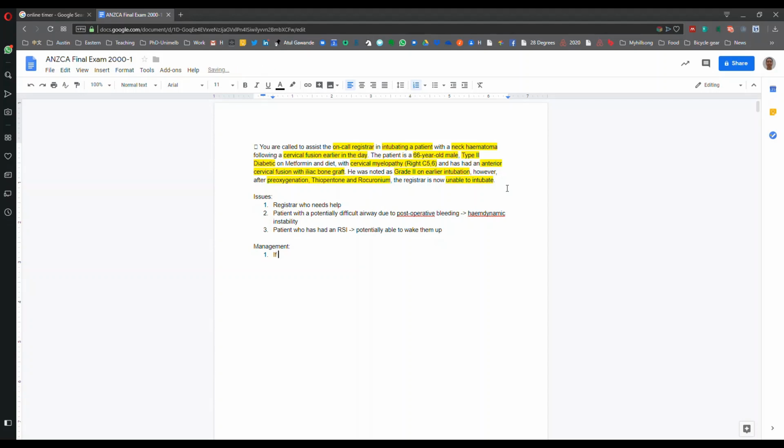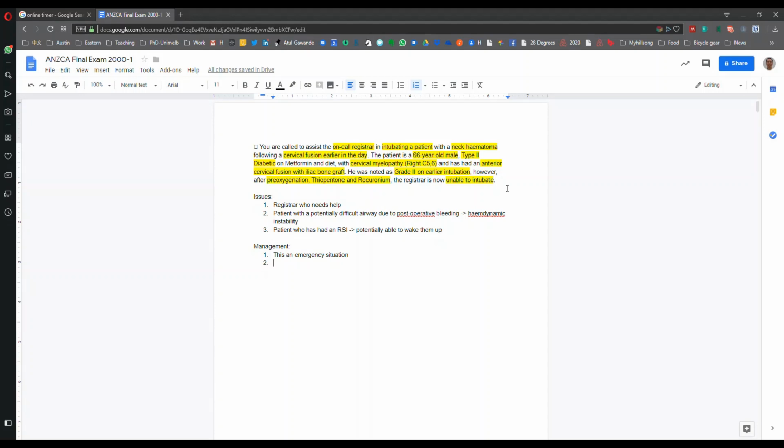So my management. If I'm not on site, and it doesn't specify in this stem, the first thing is you're going to say to the examiner, this is an emergency situation. Okay, so you've basically got an unconscious patient unable to intubate.